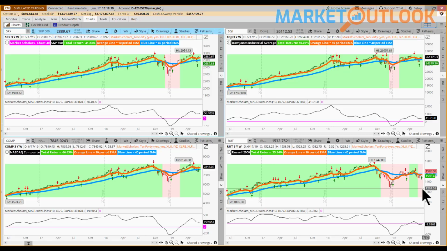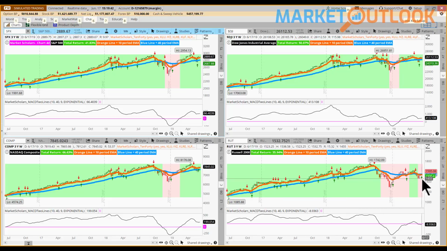These charts are 3 years in length. Each one of the candles represents 1 week, and we're looking for crossovers of the moving averages themselves. Right now, we do have a death cross on the Russell 2000, which is why we have that pink background color, whereas we have green background on all the other charts, so we'd consider those charts a bit more bullish.